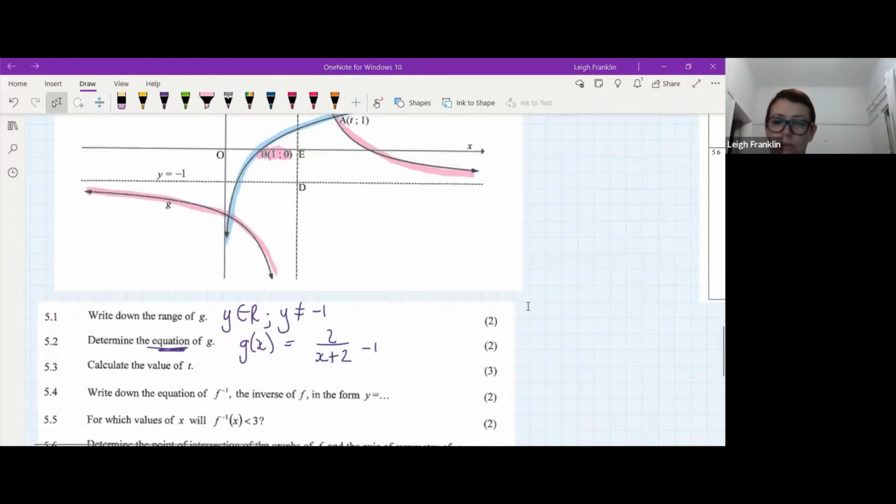No. What's wrong with it? Exactly. Okay, so this needs to be a negative, because the graph has been shifted 2 units to the right, and that's why I have to have a negative inside there.